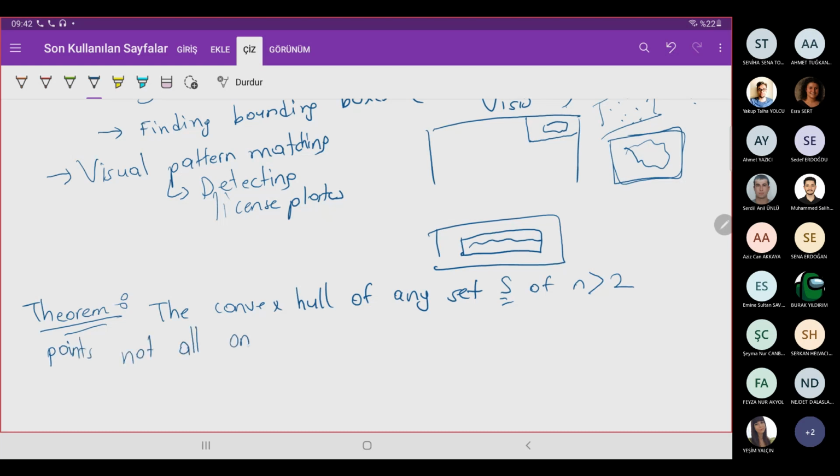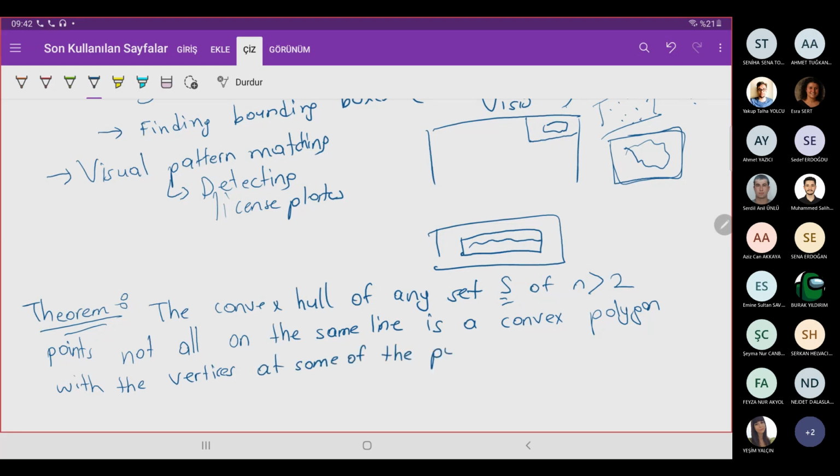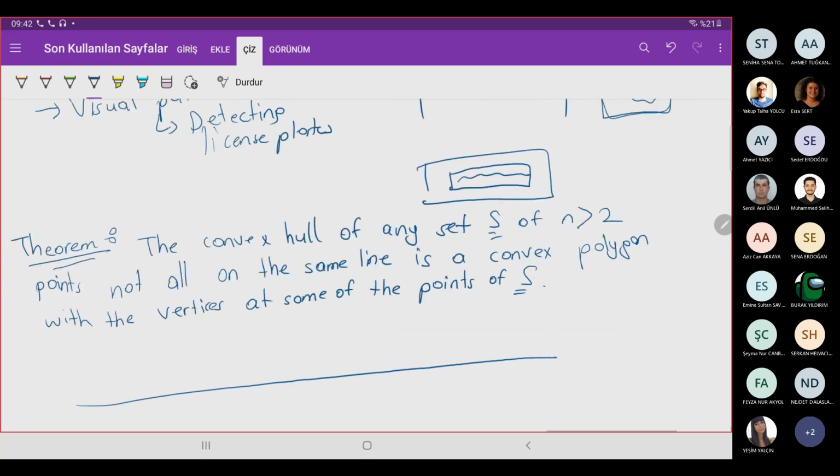So we don't want all of them to be on the same line. Two of them might be, I mean, they constitute one, but not all on the same line, is a convex polygon with the vertices at some of the points of S, okay?